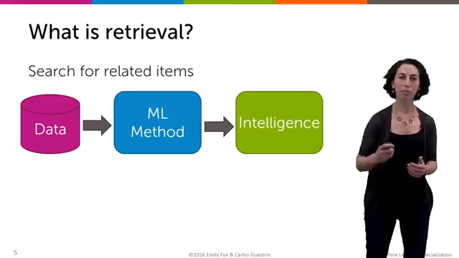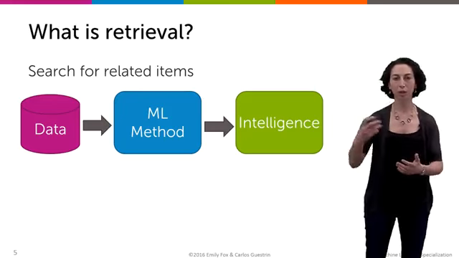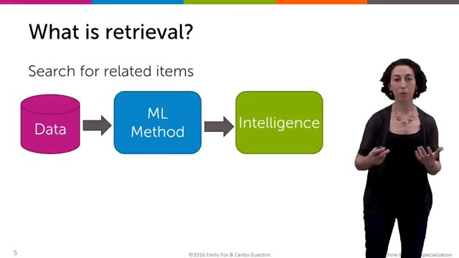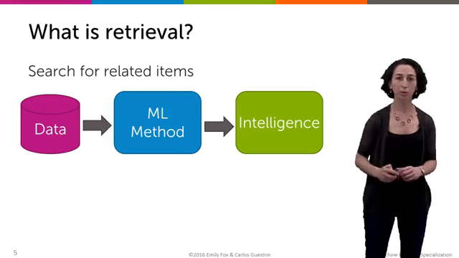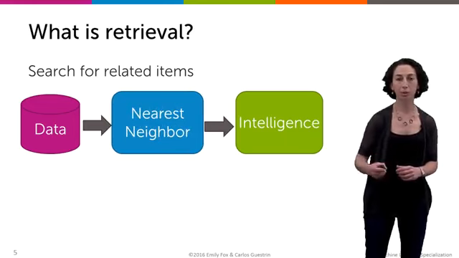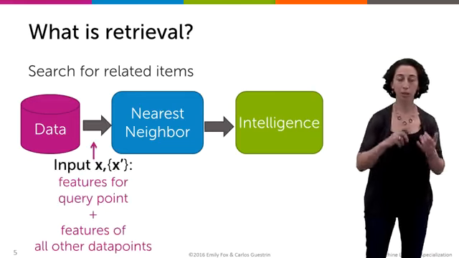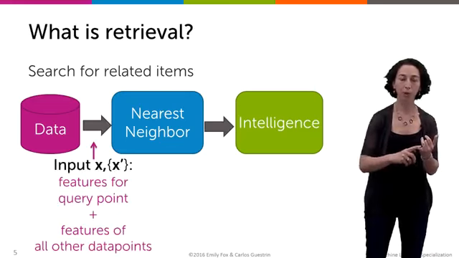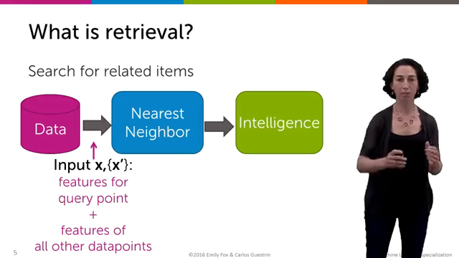And remember that in the Machine Learning Foundations course, we said that machine learning was about extracting intelligence from data. Well, in the first part of this course, the machine learning method that we're going to be going through is nearest neighbor search for retrieval task. So in particular here, the inputs are going to be the features of a specific query point, as well as the features of all other data points in a specific data set.